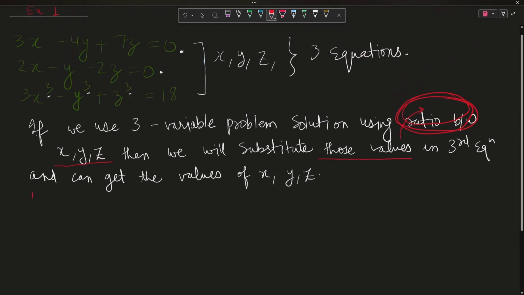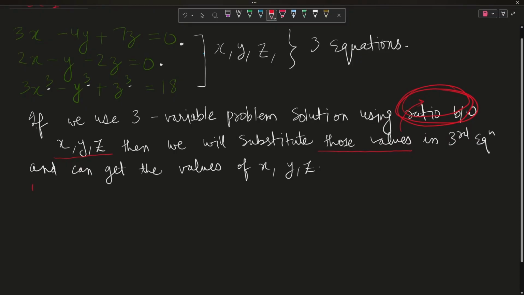Let's start with the problem. As the problem states, 3x minus 4y plus 7z is equal to 0, and 2x minus y minus 2z is equal to 0.